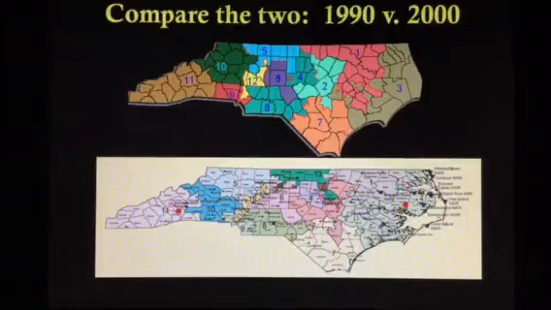Comparing the two, from 1990 to 2000 and 2000 to 2010, this 13th district was added. Quite a different shape if you went through 1, 2, 3, 4, 5, 6, 7, 8, 9, 10, 11, 12, and then 13. They all were shaped differently. Some dramatic, some not as much.